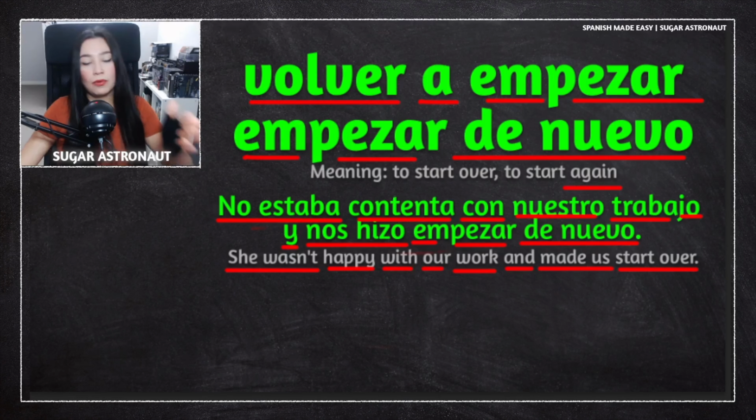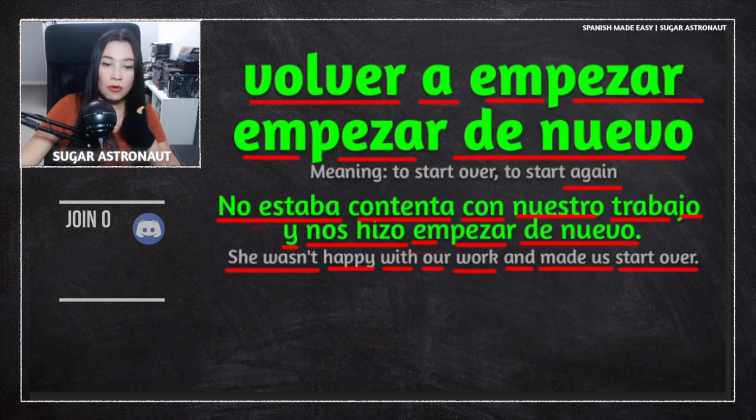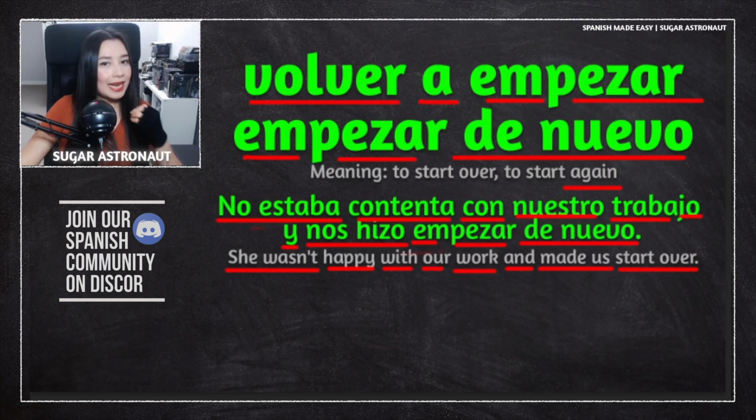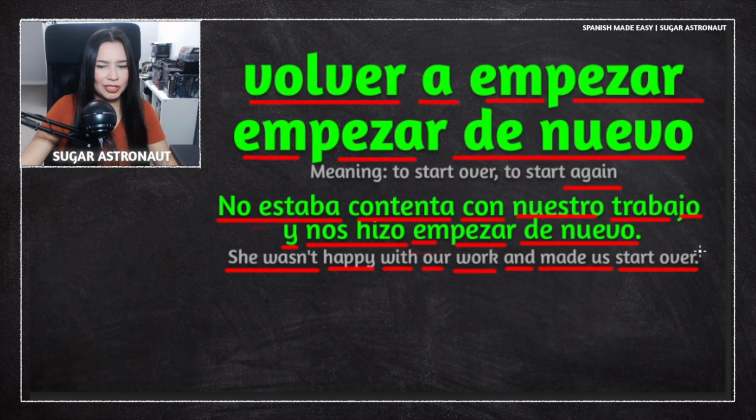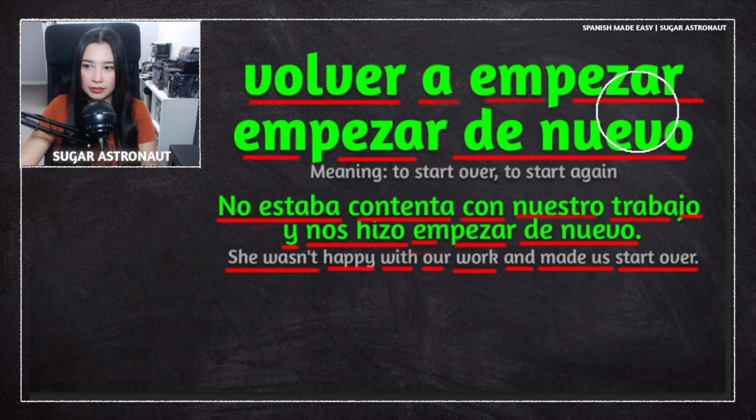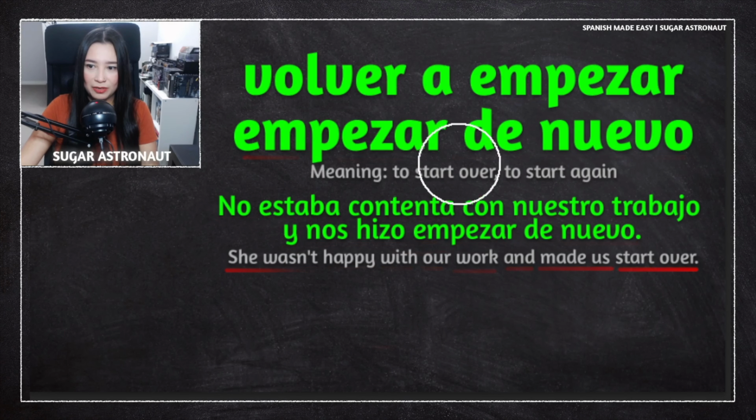No estaba contenta con nuestro trabajo y nos hizo empezar de nuevo. She wasn't happy with our work and made us start over. Okay? Interesting stuff, for sure. Just let me erase all of this. It's too much red.